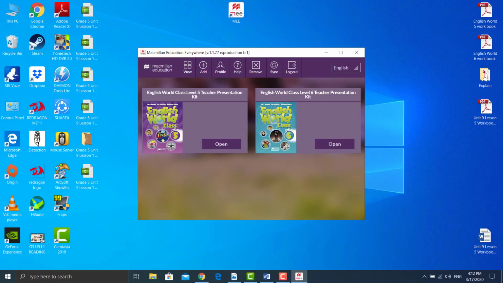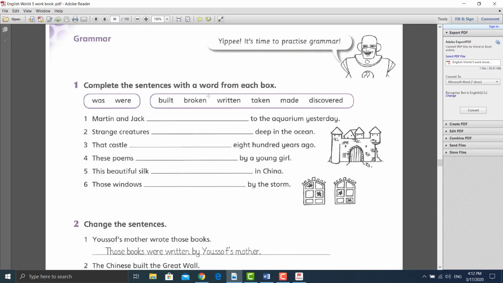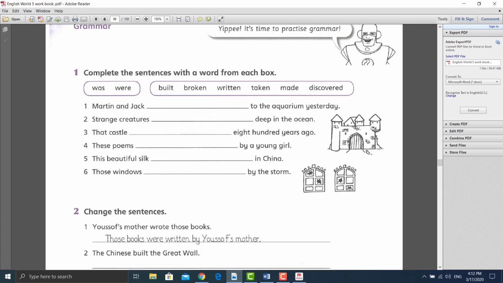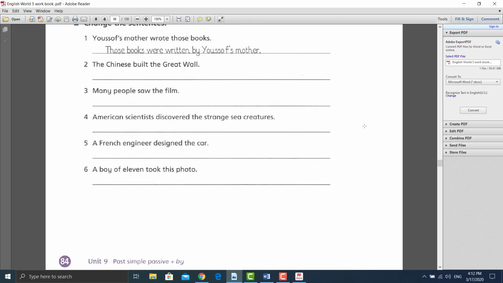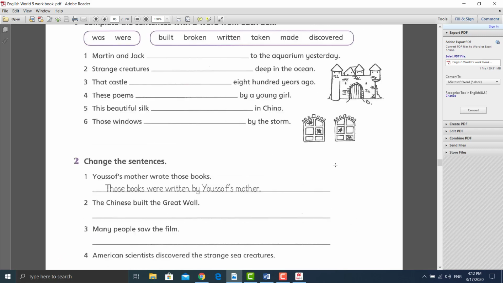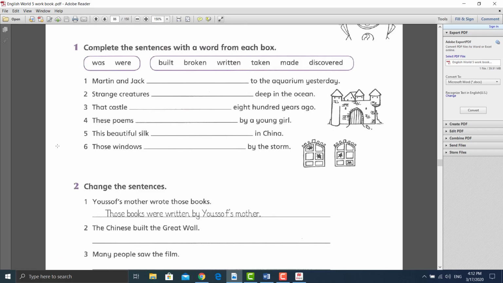Okay, let's check your understanding. Page 84. Exercise number 1. Complete the sentences with a word from each box.